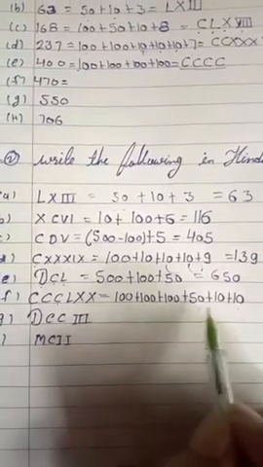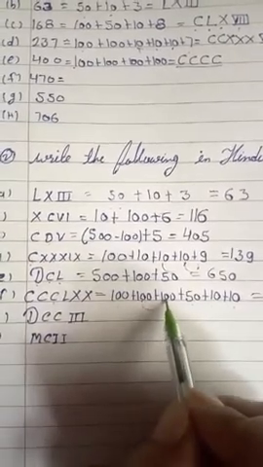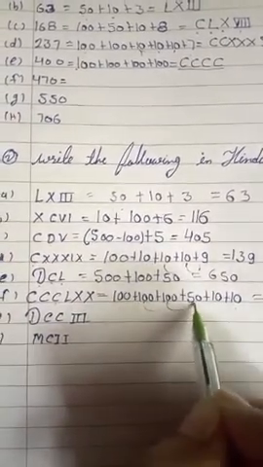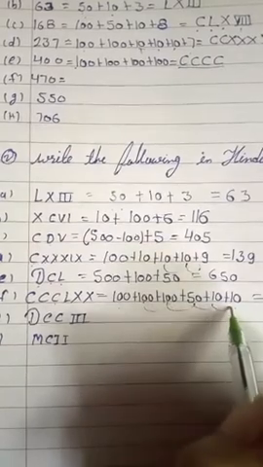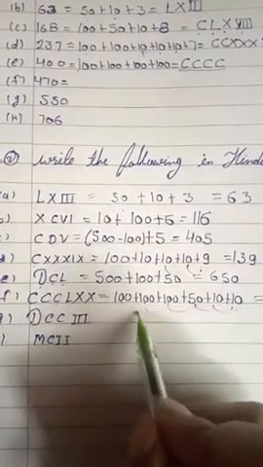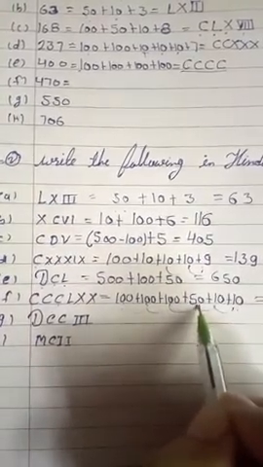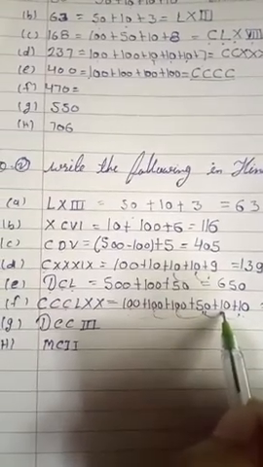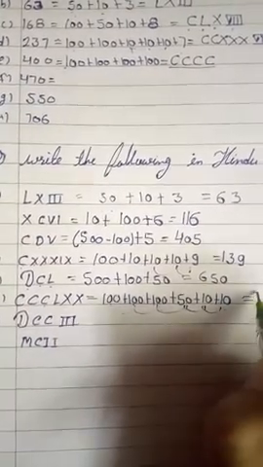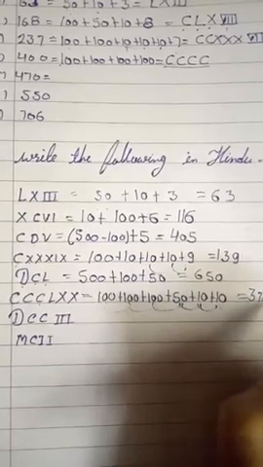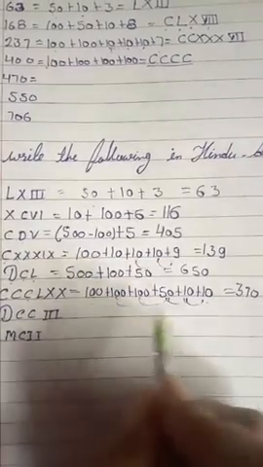Then add the numbers: 100 plus 100, 200, 300, 350, 360, 370. So the answer is 370.